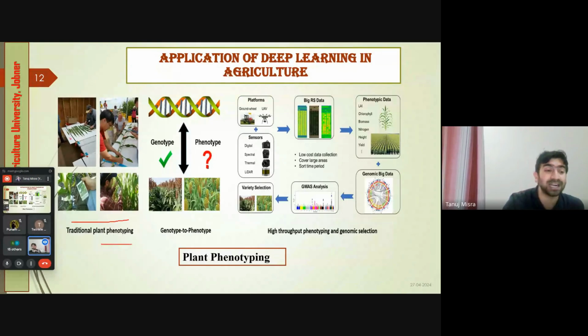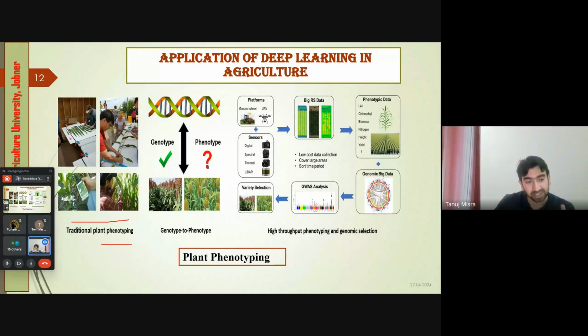And then the SPAD meter came. Now I will suggest that I developed some algorithms in my MSc work while I was working at ISRI. From images, we can estimate the chlorophyll content free of cost. Okay, this is the package. So now these types of technologies can be used.